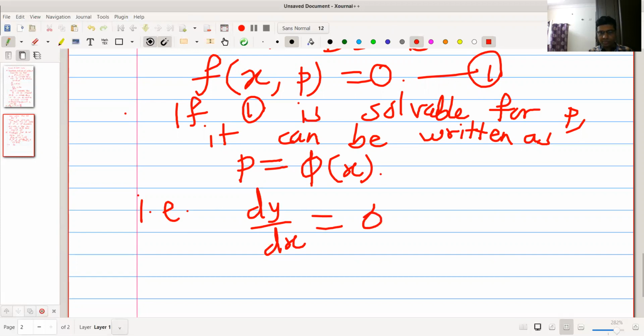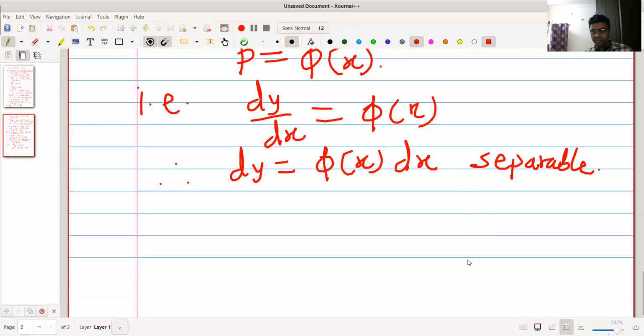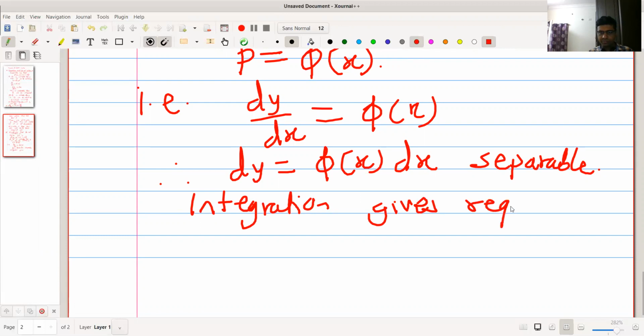So dy by dx equal to phi of x, and we can easily write this as dy equal to phi of x dx, which is a separable equation, and it can be integrated and the general solution is obtained.